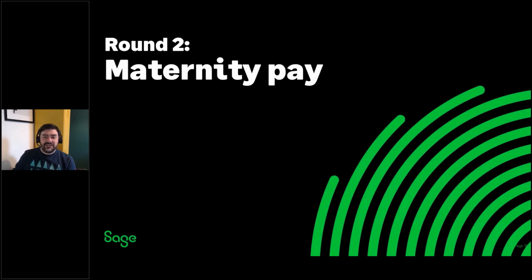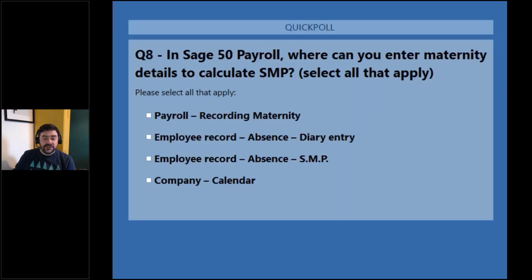Which brings us on to the last question of this round, question number 8. And for this one, you can choose multiple answers. So in Sage 50 Payroll, where can you enter maternity details to calculate SMP? So select all that apply. Can you do it through payroll and recording maternity?